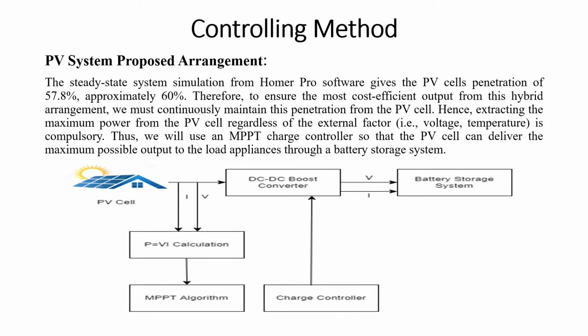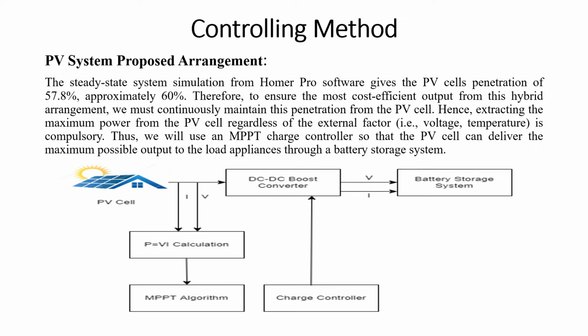To ensure the most cost efficient output from this PV cell, we need to extract the maximum output from the solar panel regardless of external factors, because the voltage and the ambient temperature might deviate the output of the PV cell. Regardless of these circumstances, we need to ensure the PV cell can produce maximum output.